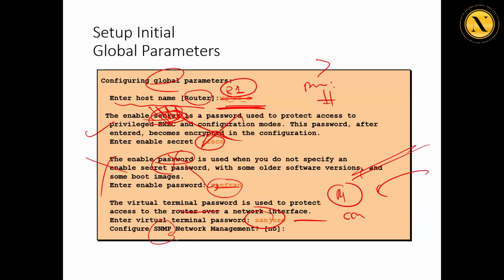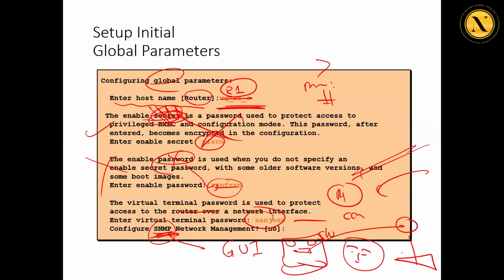And SNMP, we'll look at this later on. Simple Network Management Protocol. Again, it's software. In a GUI, some guy can monitor all your devices sitting here, routers, switches, right? With this software, the admin from his laptop can configure routers and switches, right?